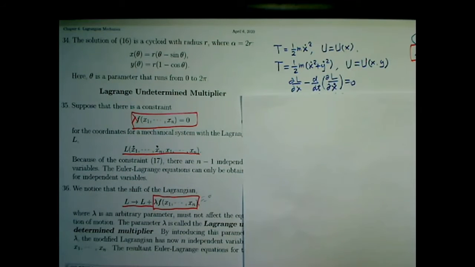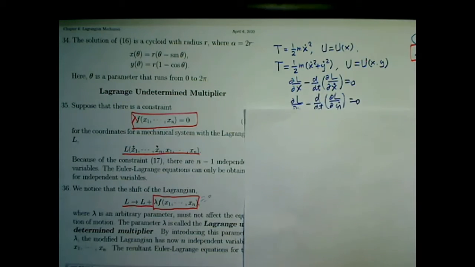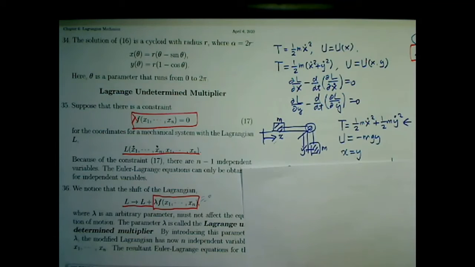If we have two variables, then the Euler-Lagrange equations for those variables are independently varied in the action to end up with two equations of motion. Suppose that we have this kind of system.